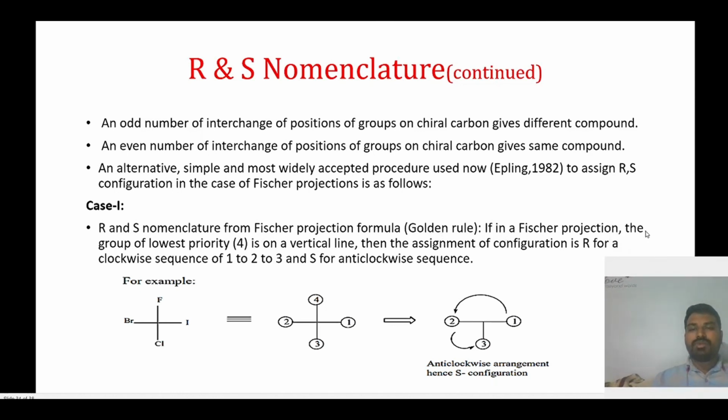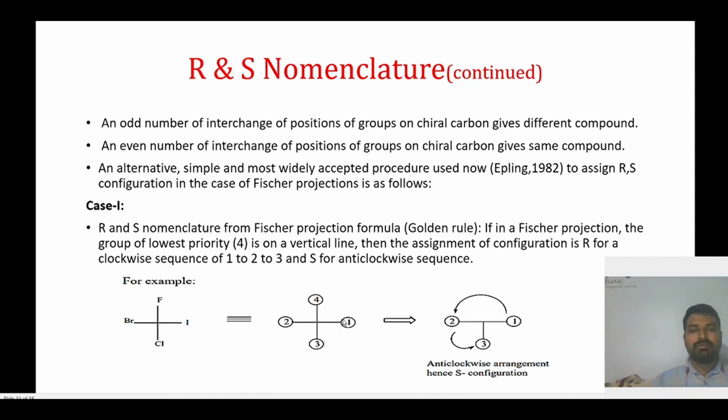In a Fischer projection, if the group of lowest priority 4 is on a vertical line, then the assignment of configuration is R for a clockwise sequence of 1 to 2 to 3 and S for the anti-clockwise sequence. For example, over here, this is fourth priority, this is first, second, third.